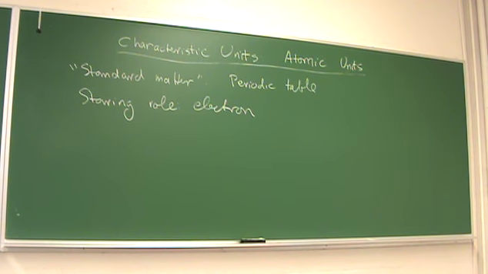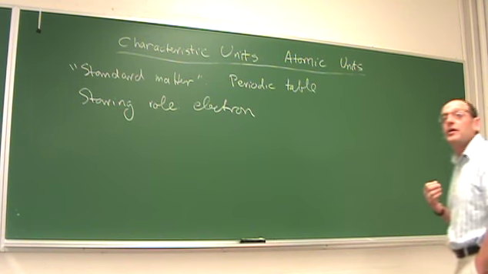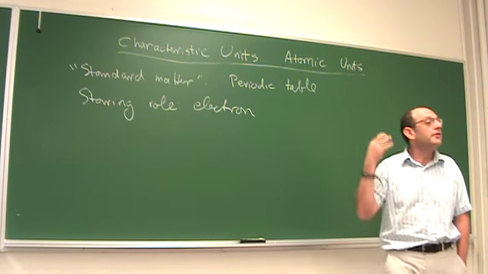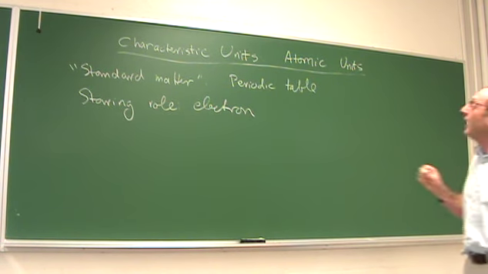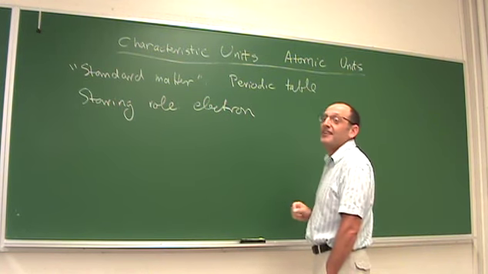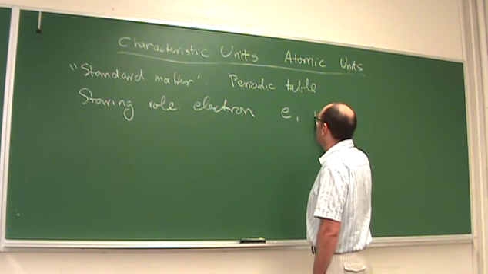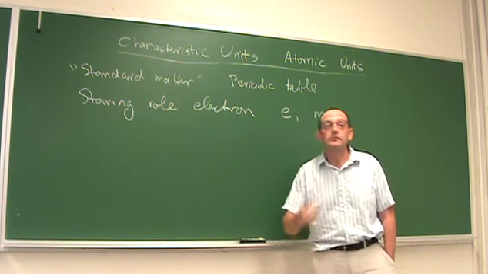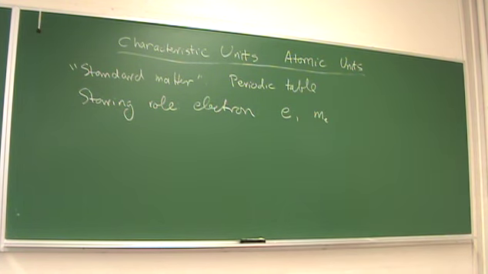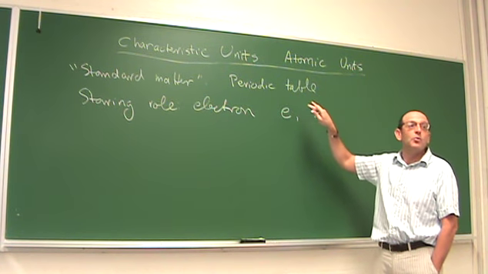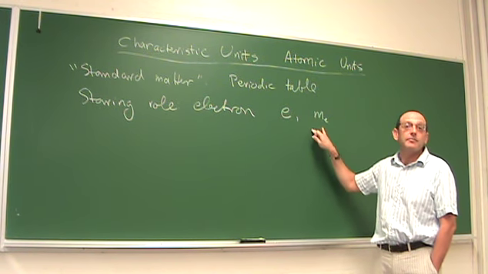There'll be other characteristic units that arise when we think about the nucleus, but the electron really is what gives the coarse properties, the most important properties of atoms. And of course, the electron is specified by two things: its charge and its mass. So atomic units are going to depend on what we can do with charge and mass.